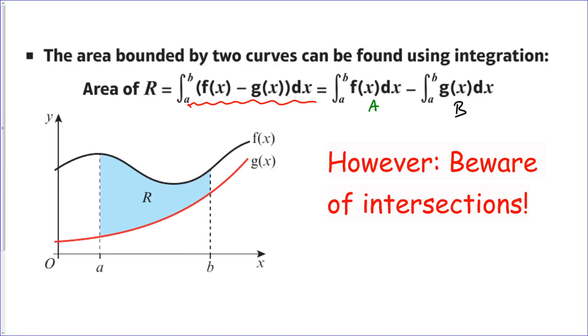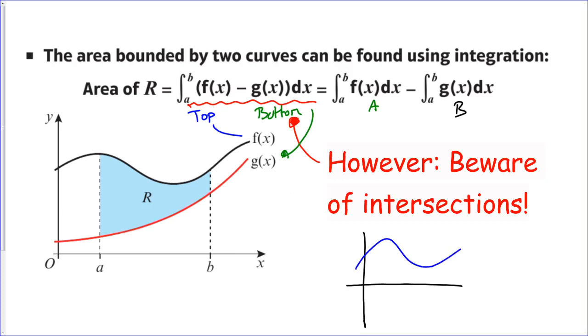I've mentioned here to beware of intersections. Using this method here, it's quite important to realise that this is the top graph take away the bottom graph. In theory, you could be given a graph where one went like this and the other one went like this.